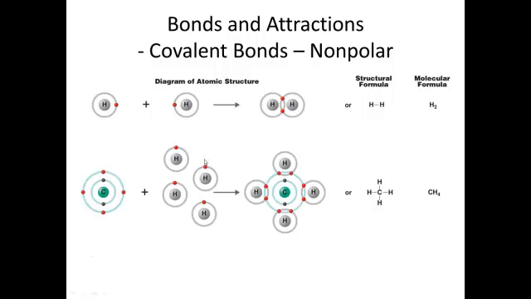So in this case, 4 hydrogens got together. Remember, they want to share 1, and they get together with carbon, and each hydrogen is forming a covalent bond with the carbon. And this produces methane, also known as swamp gas. You'll notice here we're showing a single line to show where each pair of electrons is being shared.